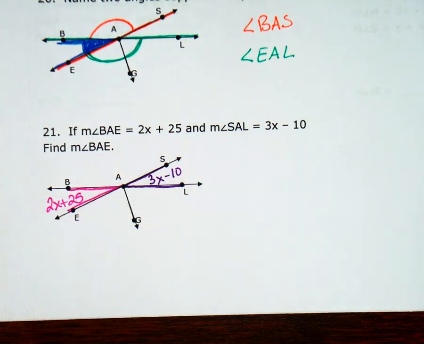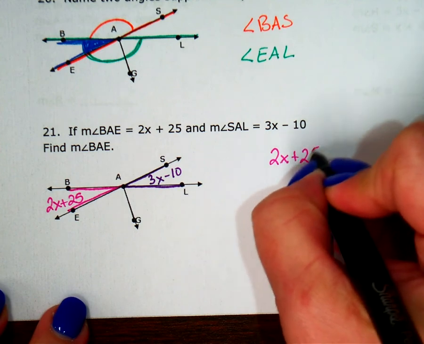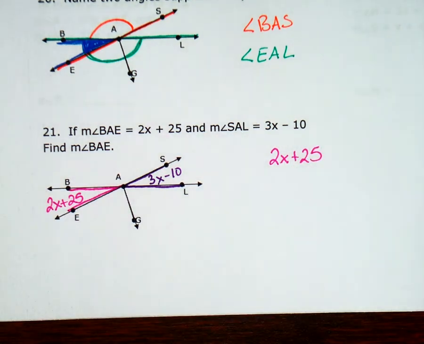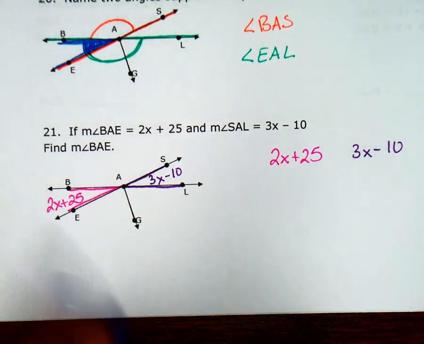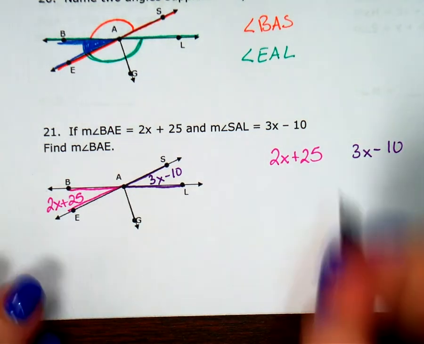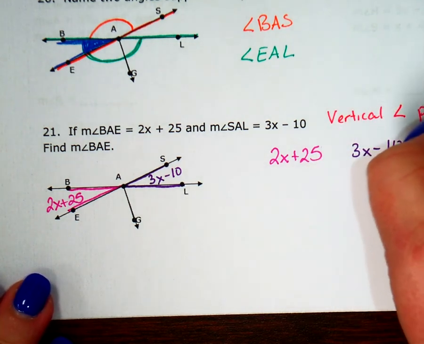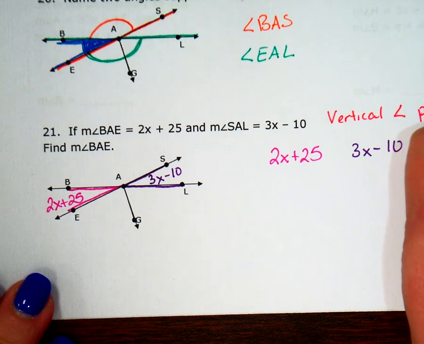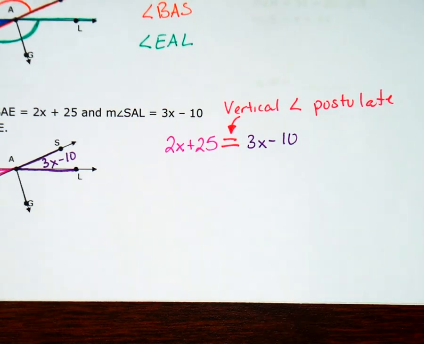Well, those two are vertical angles, and my vertical angle postulate says that the 2x plus 25 and the 3x minus 10 are equal. Okay, so now this I can solve.